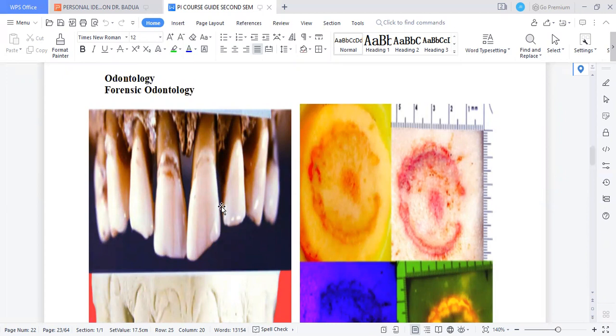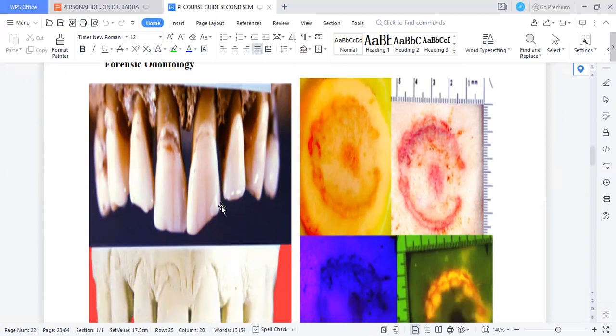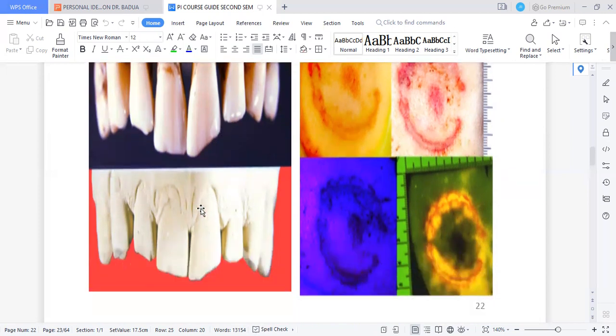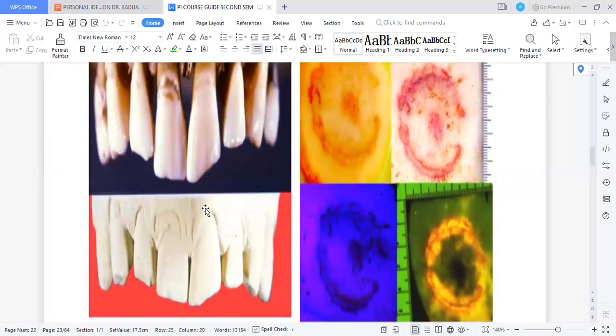Usually the teeth is being located, or it is being identified even if the person died for so many years. Meaning it's the hardest part of the body that would undergo the decay process, di ba? So we have here some images.